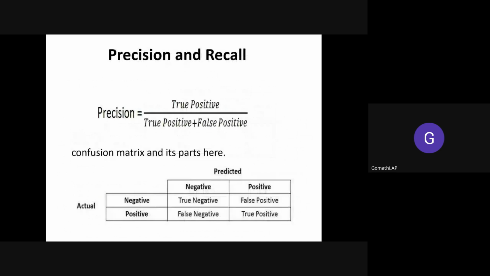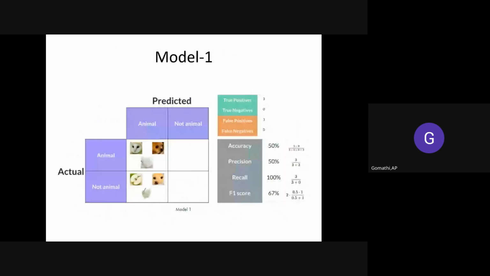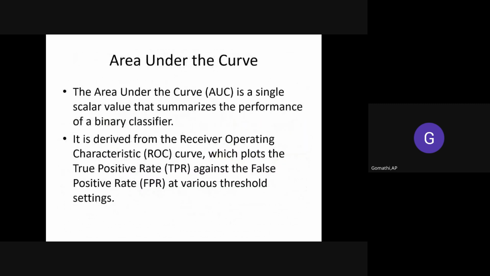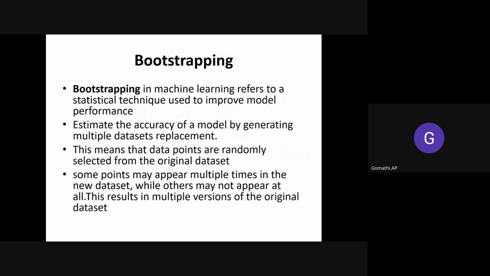Next one is bootstrapping. Bootstrapping in machine learning refers to a statistical technique used to improve model performance. It is mainly used to estimate the accuracy of the model by generating multiple datasets with replacement.